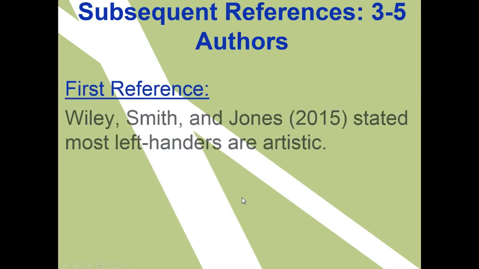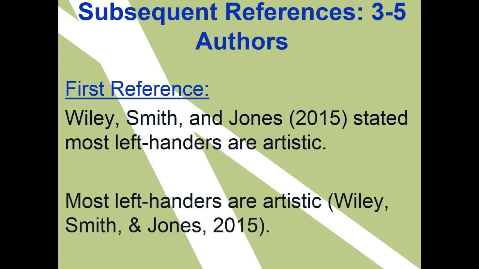Now, let me repeat, when we have one or two authors, we're always going to cite their names every time they appear in our paper. That is not true when you have 3, 4, or 5 authors in your article or book or web page.